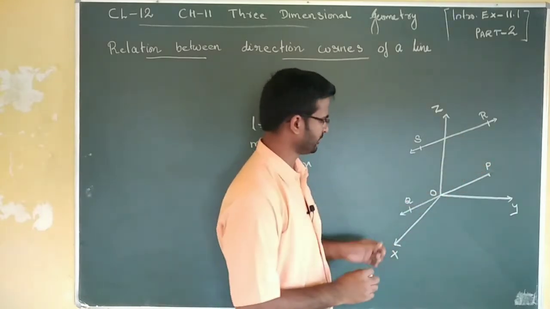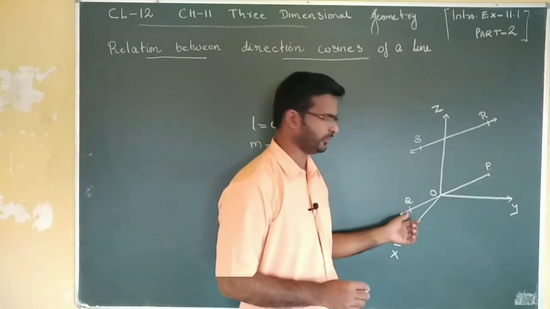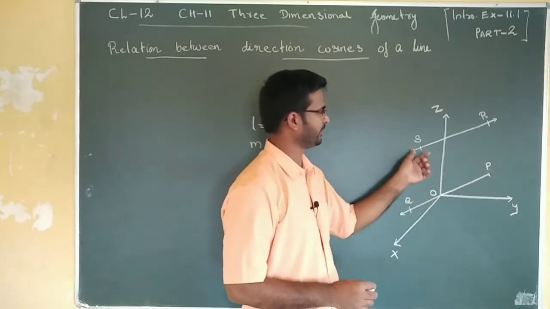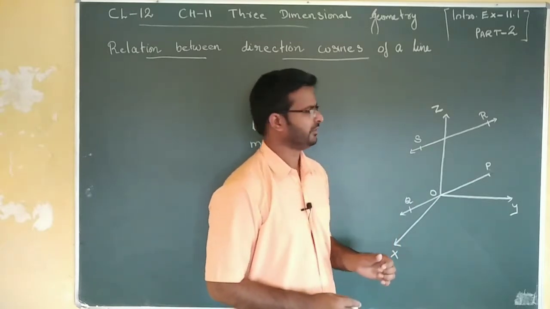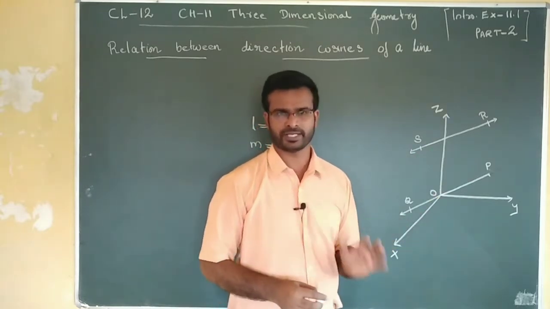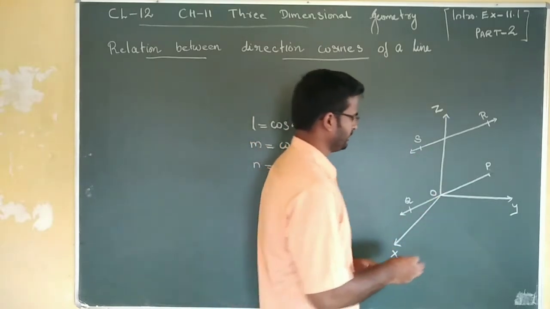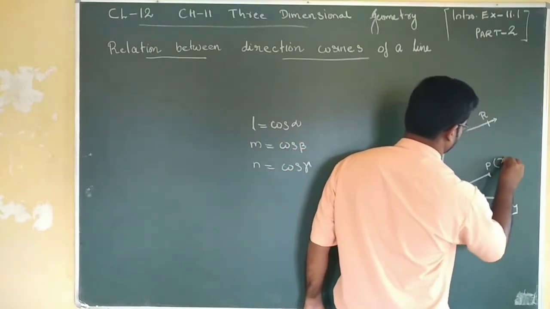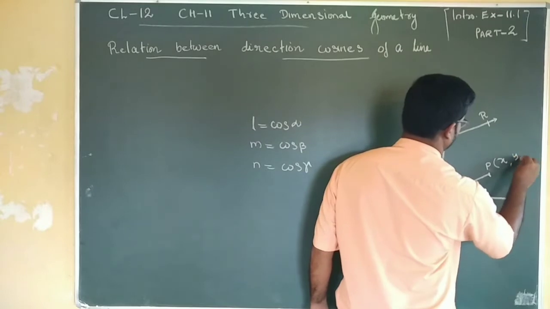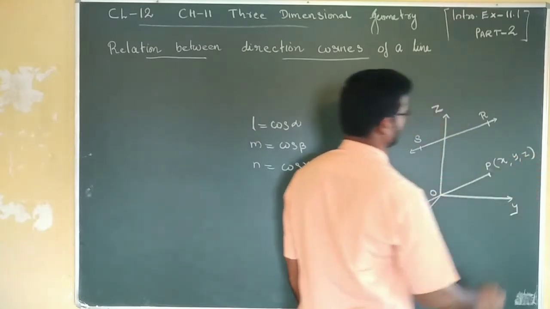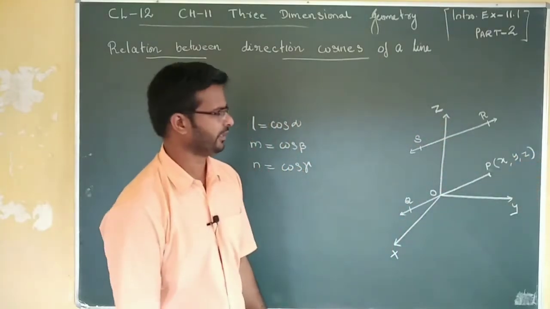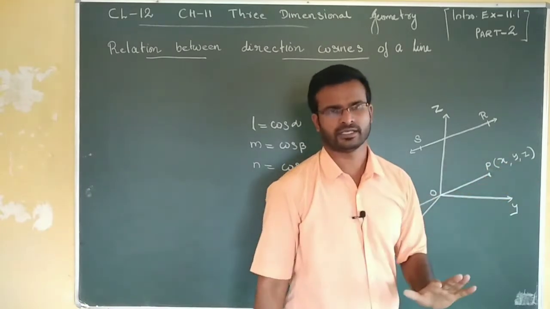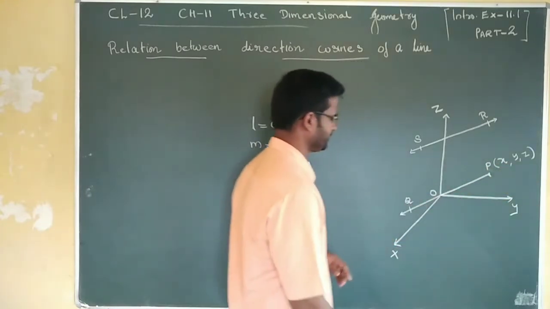Now we will find the direction cosines of PQ. Then the direction cosines of PQ and RS will be equal. What is the reason? Both lines are parallel. Then the coordinates of point P are x, y, z. Here small x, y, z are just any 3 numbers.